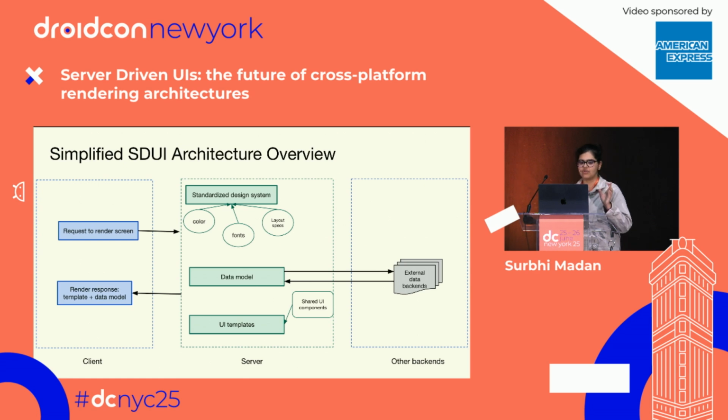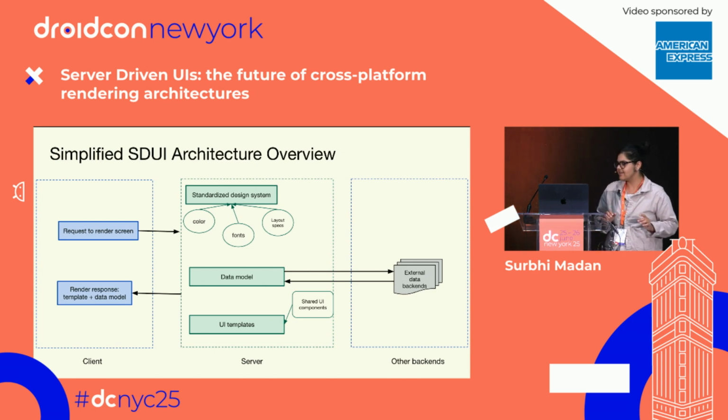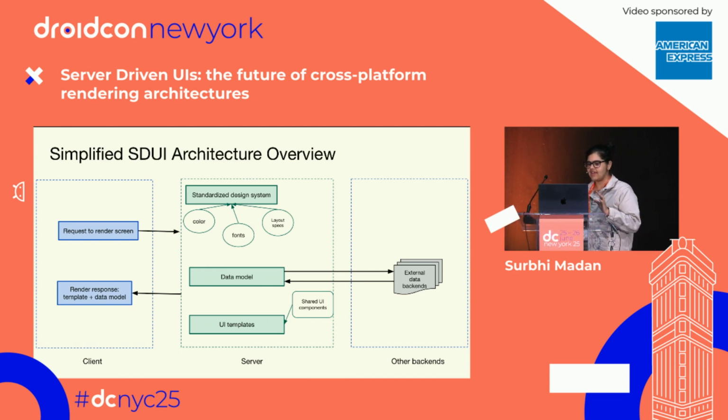If anyone went to the design libraries or design token talks earlier, that's what it is. And then the data model is designing a good data model. If you're doing server-driven UI, it is probably the most important API design task that you can do. So that is something to pay good attention to if you're going to do this.